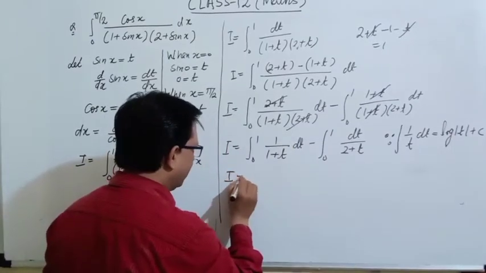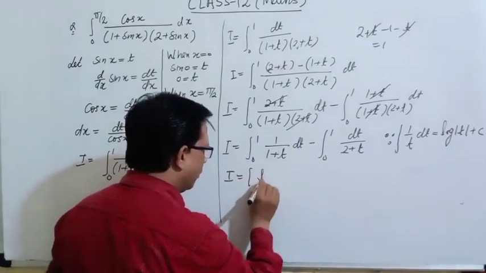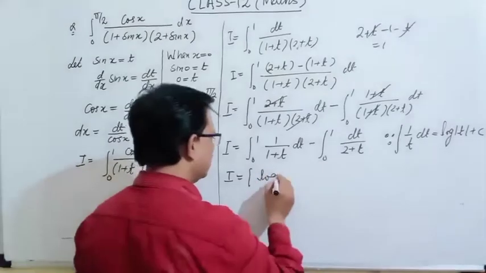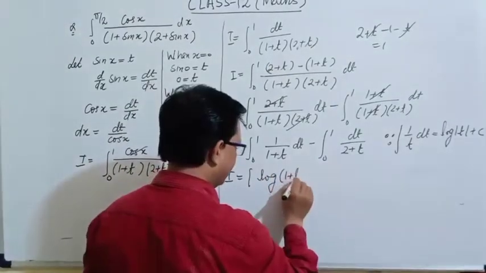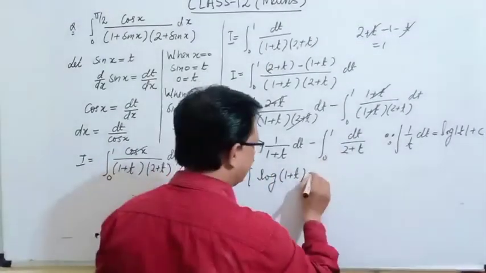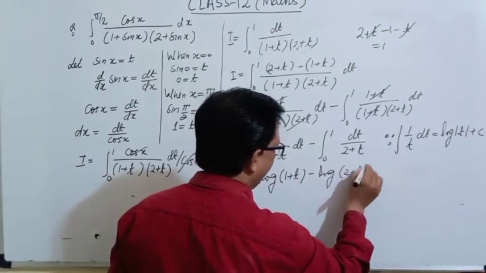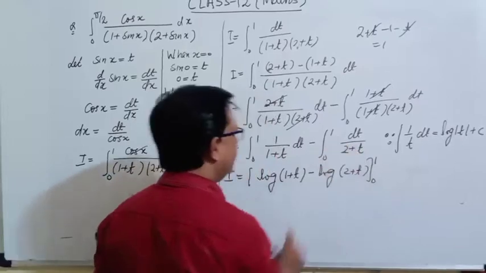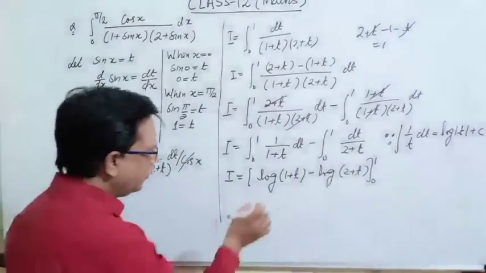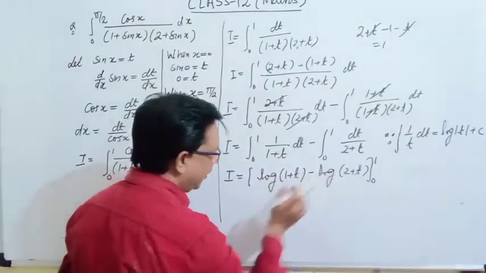So here we apply the formula. So I is equal to, this is log t and this is also log t, and the whole limit is 0 to 1. Now students, we apply the formula log m minus log n.